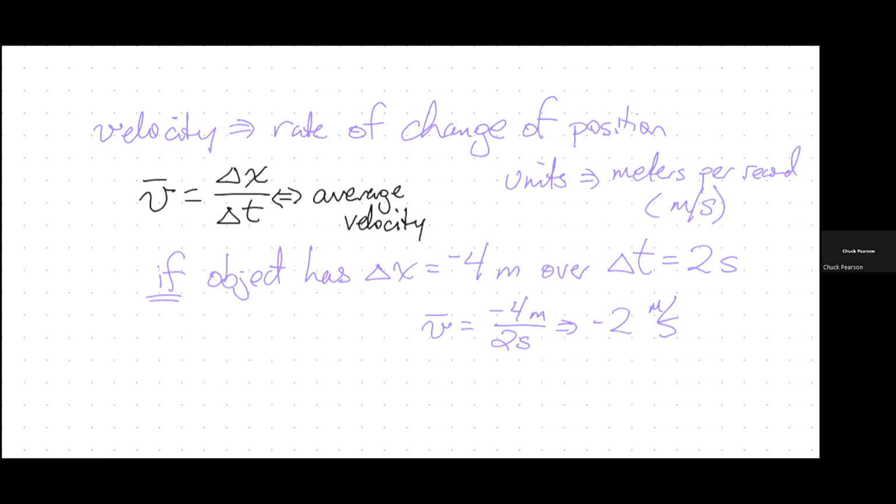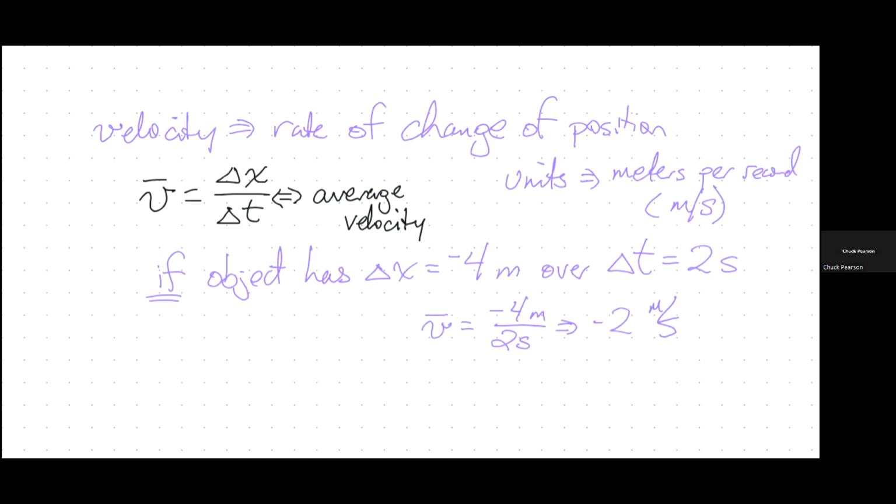And average velocities are large-scale pictures of how an object moves from one place to another. But we don't just want to talk about how an object moves from one place to another over a broad period of time.